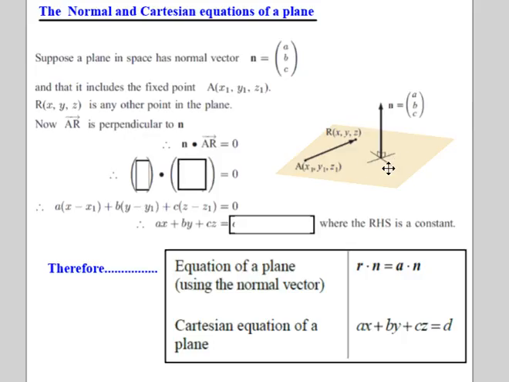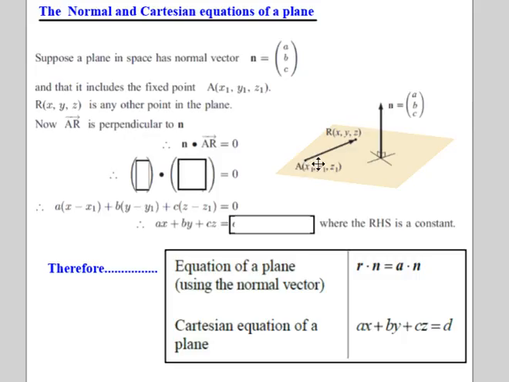You could have a normal vector shown by a pen perpendicular to your desk, but if you put a book on top of your desk flat, then the normal vector is still perpendicular to that surface, and you could put another book on top of that, and so on. So to fix the actual plane you want, we need a fixed point.